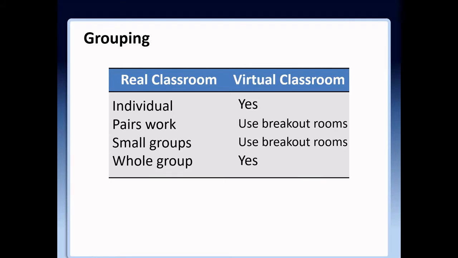Again, split the class into a suitable number of smaller breakout rooms, and assign each small group to a separate room. You can also assign the breakout rooms a time limit corresponding with the time limit of the exercise or activity. At the end of the time limit, everyone gets back together in the main virtual class.